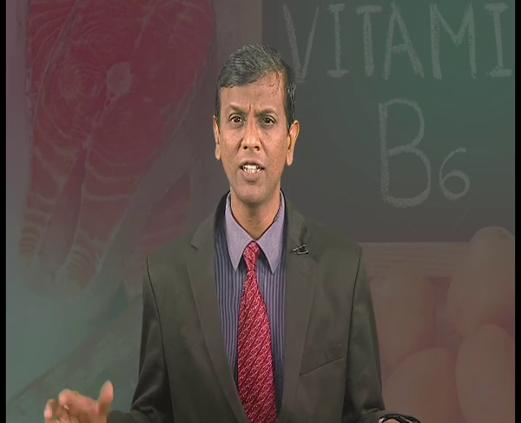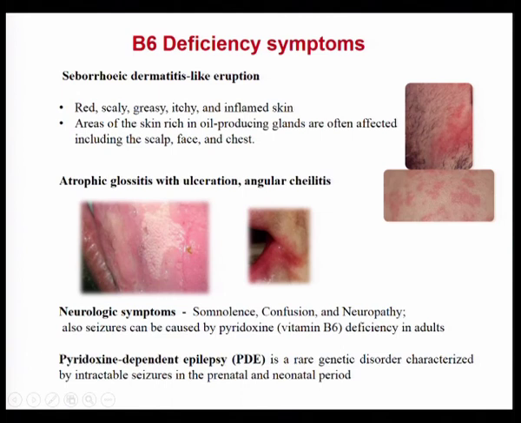So you find children suddenly develop seizures, and they don't have an underlying anomaly, and supplementing with pyridoxine completely reverses the condition. So this kind of disease, the seizures in neonatal newborn children, is what we consider pyridoxine dependent epilepsy. So in summary, we can say you have seizures both in adults and neonates, responding very well to pyridoxine therapy.